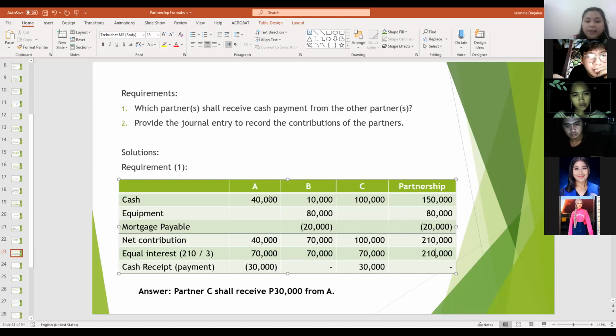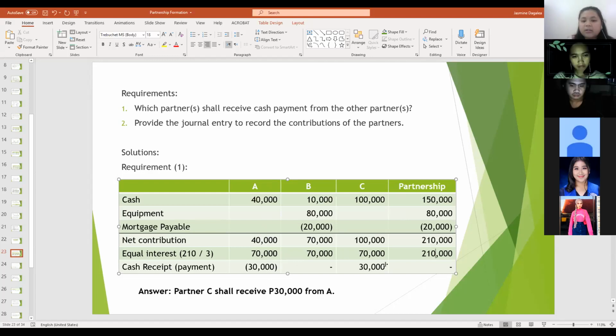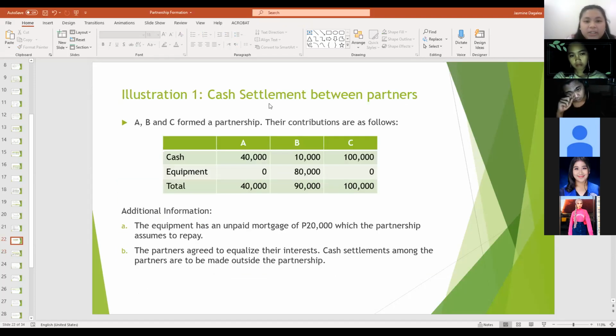So again, for partner A, 40,000 lang yung contribution niya, but 70,000 yung na-credit sa capital account niya as agreed by all partners to equalize their capital accounts. May difference na 30,000. A needs to pay this 30,000 to C. Yan yung concept ng cash settlement between partners.